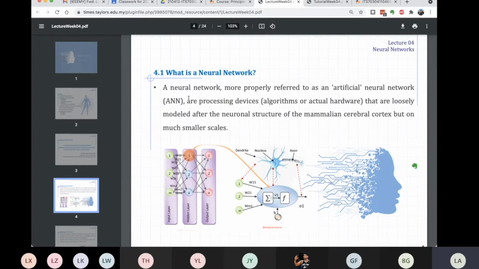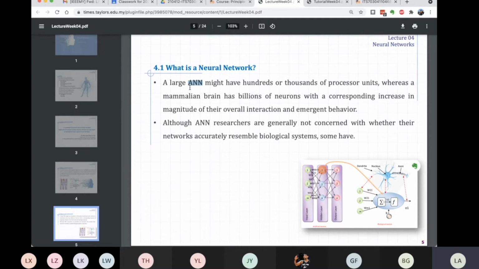A neural network is usually called an artificial neural network. In the simplest kind, we have the artificial neural network, which is ANN. These are processing devices that are loosely modeled after the neuronal structure of the mammalian cerebral cortex, but on a much smaller scale. A large ANN might have hundreds of thousands of processor units, whereas the mammalian brain has billions of neurons.